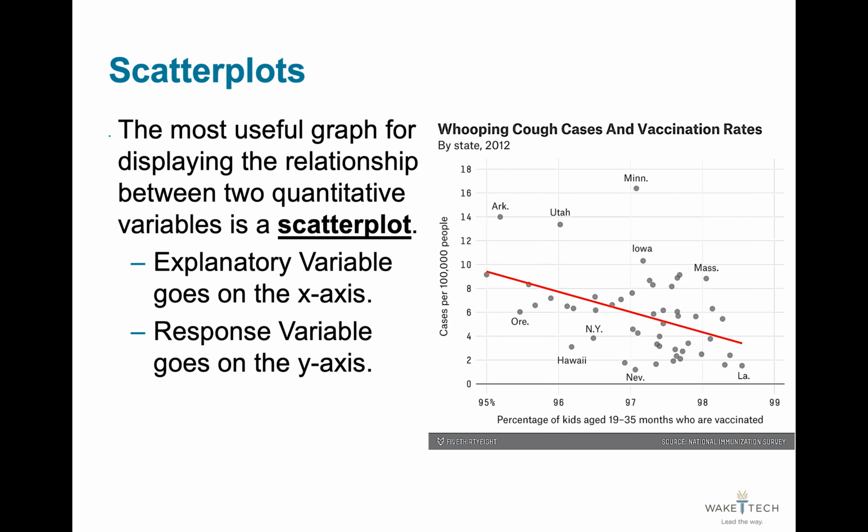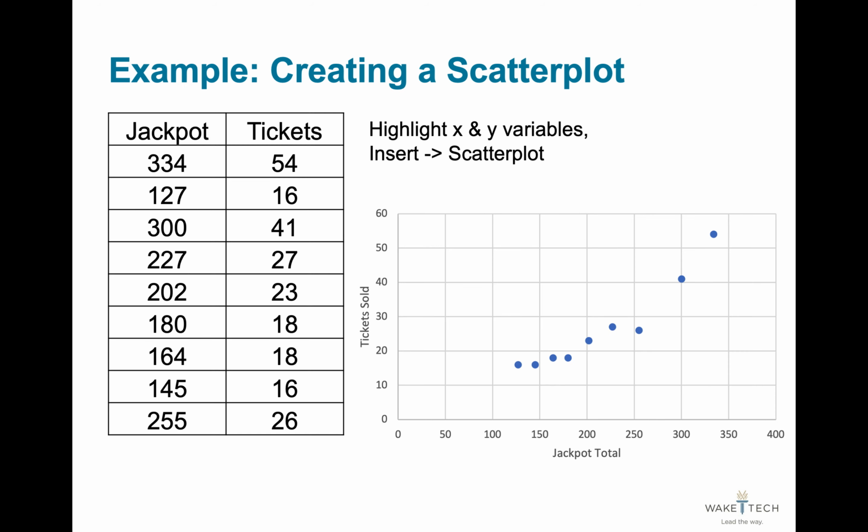When we're looking at bivariate data, a scatter plot is the most useful graph to see that relationship. We would put our explanatory variable on the x-axis and the response variable on the y-axis. And then we look to see what is that relationship going on between the two variables.